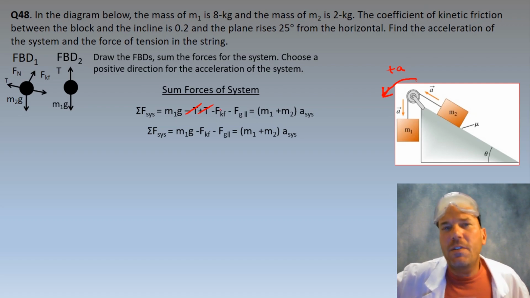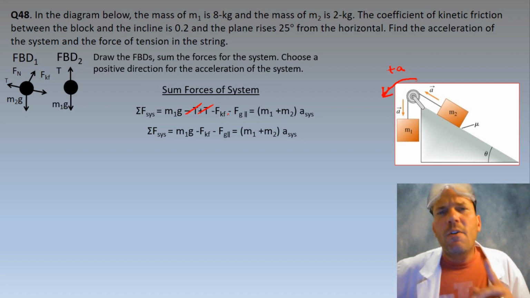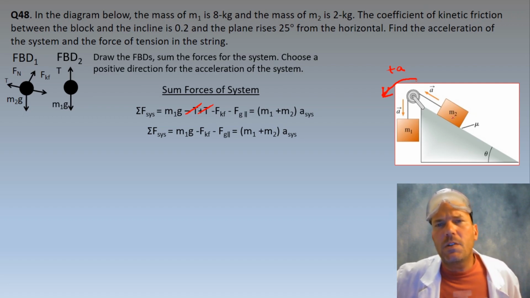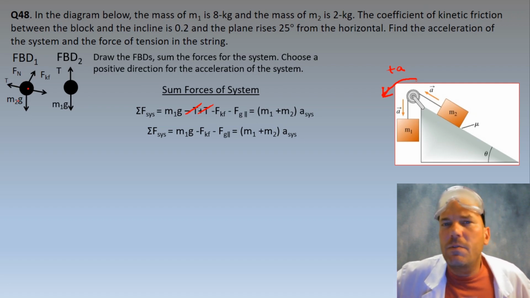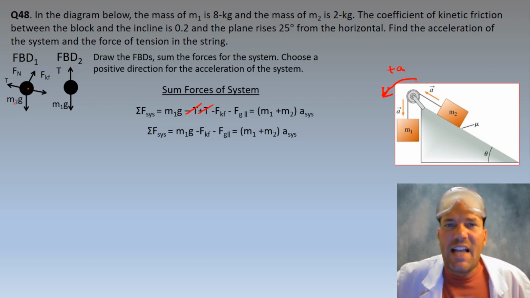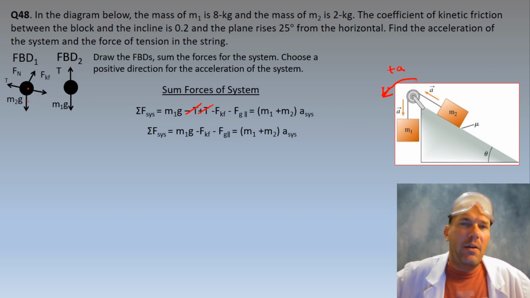We have the force of kinetic friction opposing that. We also have another force down in parallel to the incline. And I should point out on this free body diagram here, notice the force of gravity has not been resolved into its parallel and perpendicular direction.